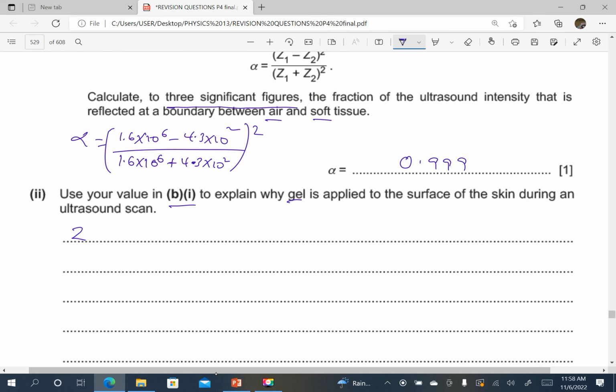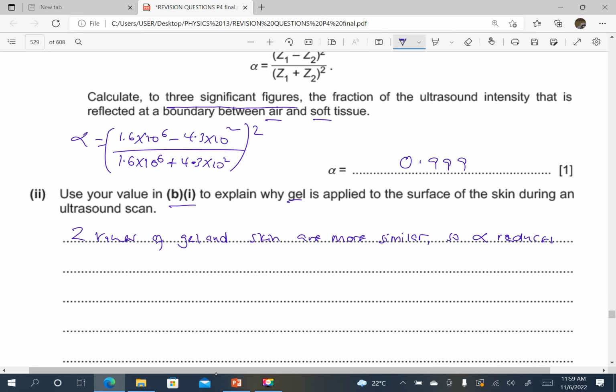So it means alpha reduces. In other words, the intensity reflection coefficient becomes smaller.